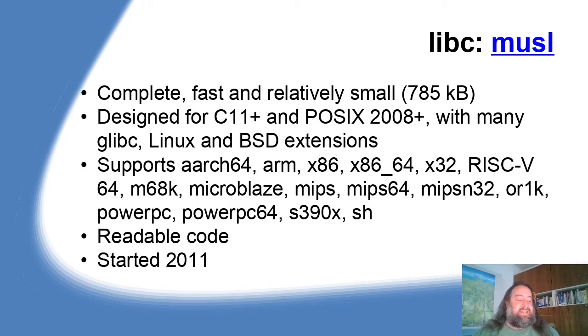It was started in 2011 and only got better since then. So the situation there is somewhat similar to GCC versus Clang. If you want something that has been around forever, use glibc. If you're looking at a more modern option that was started a lot later and therefore can make use of things that just weren't available at the time glibc got started, you may want to give musl a try.